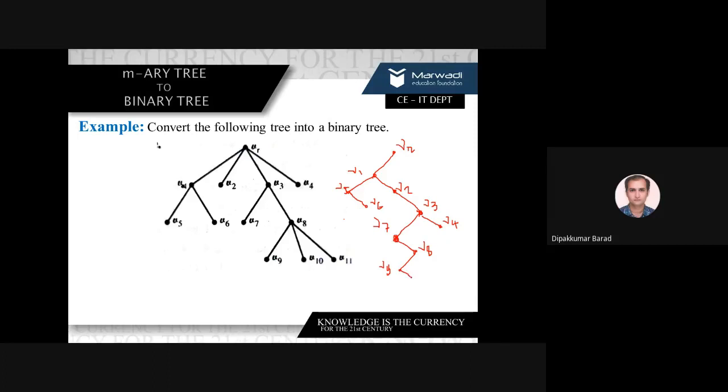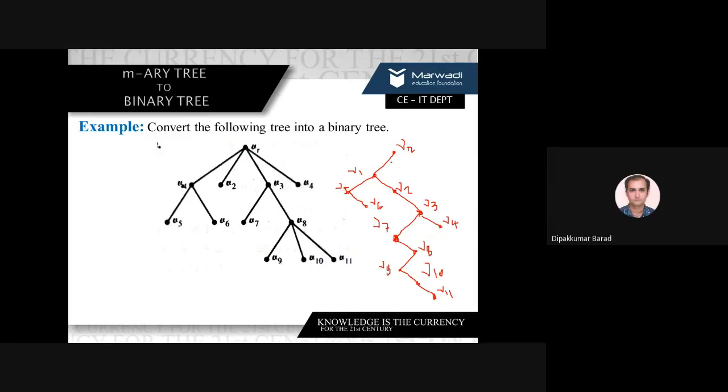Then V11, which is a sibling of V10, is also a right child of V10. This is the binary tree which we get from this M-array tree.